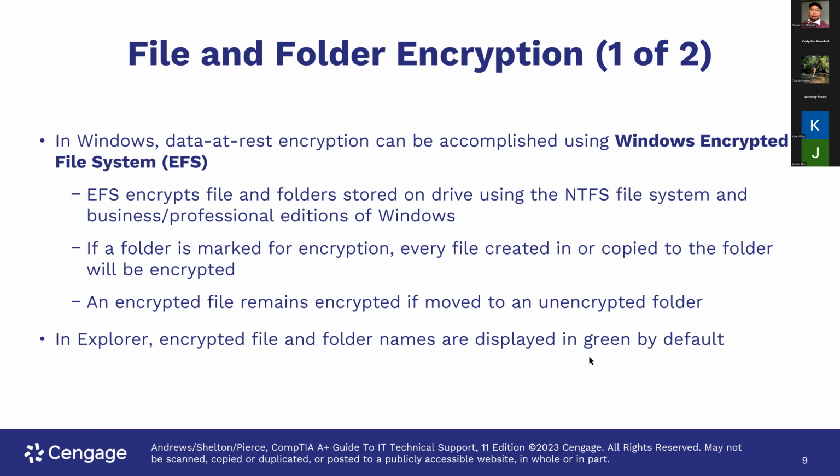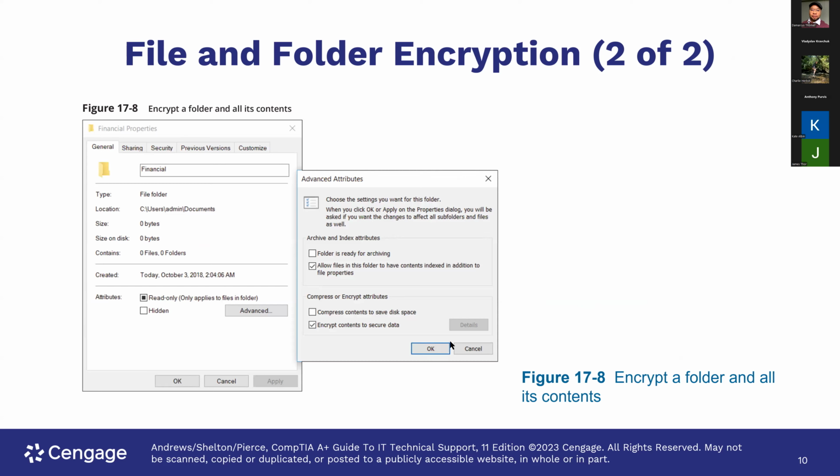They're displayed in green. But this piece here is interesting, right? An encrypted file remains encrypted if moved to an unencrypted folder. Okay. I thought that was pretty interesting. So here's how it is, right?